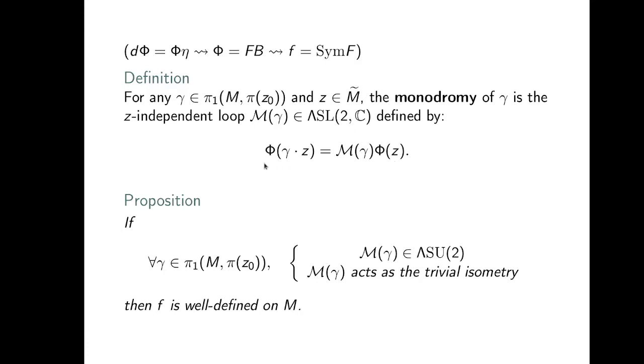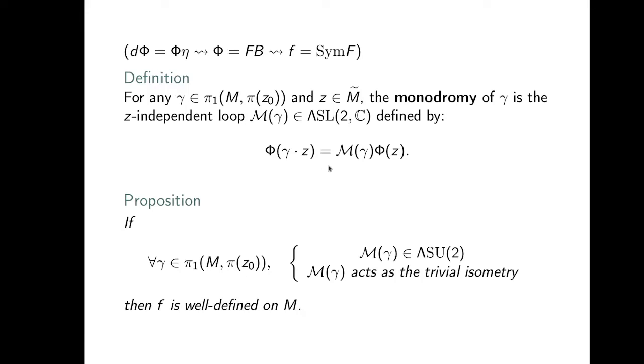By lifting gamma from M to M tilde, the closed path gamma now acts as deck transformations on points of M tilde, and the difference between phi after a deck transformation and before a deck transformation takes the form of the monodromy M of gamma.